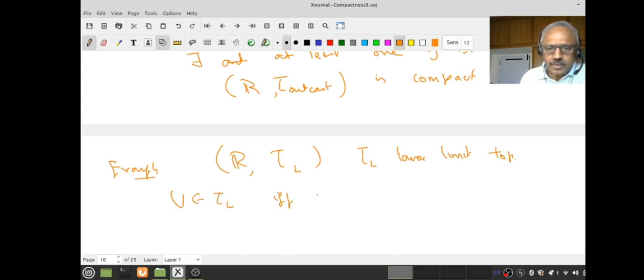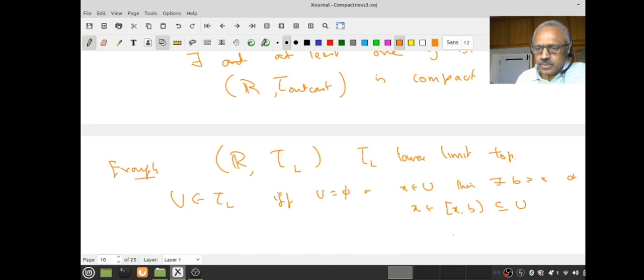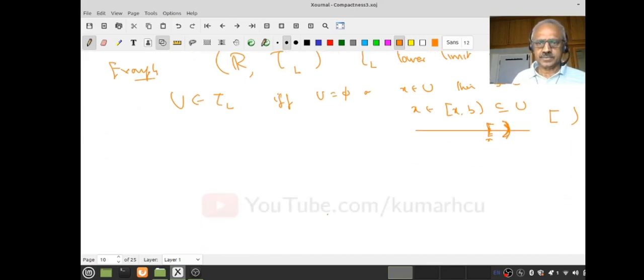If and only if either u is empty, or if x belongs to u, then there exists a b greater than x so that x belongs to [x, b) and [x, b) is contained in u. Therefore, if you give me x, then there is a b. This is closed, this is open, so that must be contained.